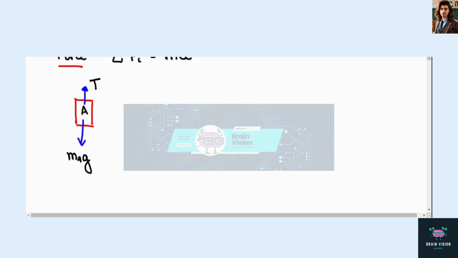And we have that the tension at block A, which I'm going to call TA, minus mAg is equal to the mass of block A times its acceleration.